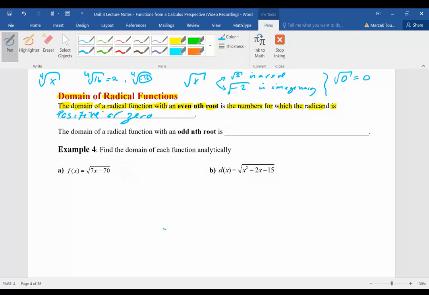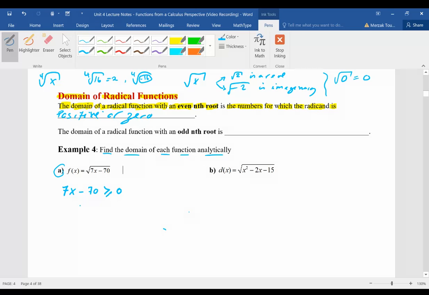Let's work on example 4a. The question says find the domain of each function analytically. Since this is a square root, the condition is 7x minus 70 must be either positive or 0. Now we solve this inequality.